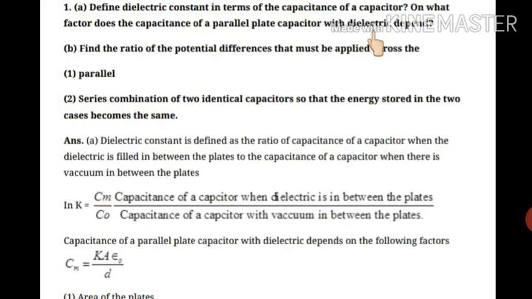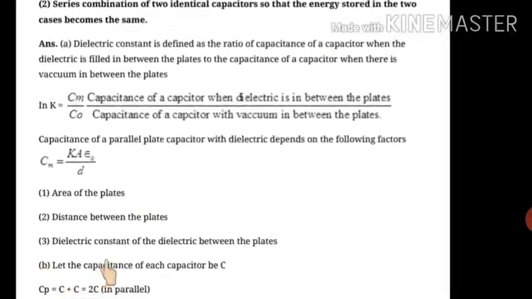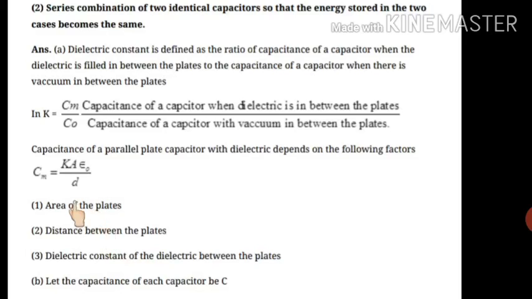So I think this definition we know. Now, what is the second part of the question? On what factors does the capacitance of the parallel plate capacitor with a dielectric depend? We know the expression of the capacitance. It is K epsilon naught A upon D. If nothing is there between the two plates, we simply write C is equal to A epsilon naught upon D. But if a dielectric is there, we need to multiply it by K. So from this expression, we can write that it depends upon the area of the plate.